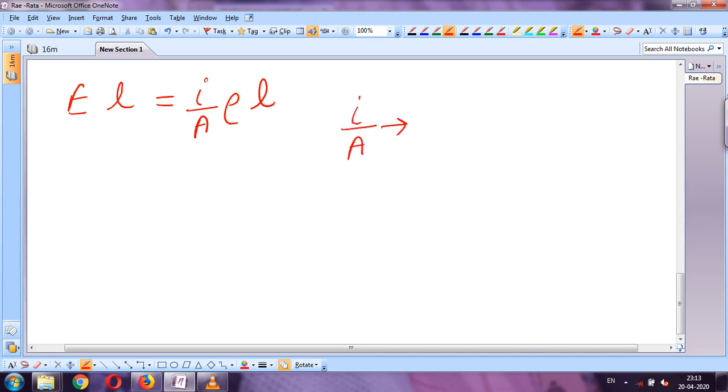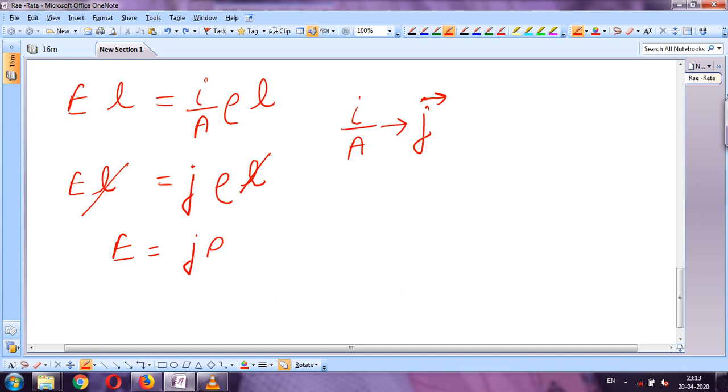This I upon A is current density, and it is a vector quantity. Current density is represented by J. So J and then rho L, and on this side E L. By L we can cancel L. From here we will get E is equal to J rho.